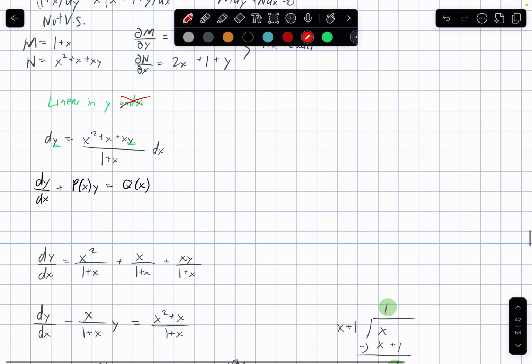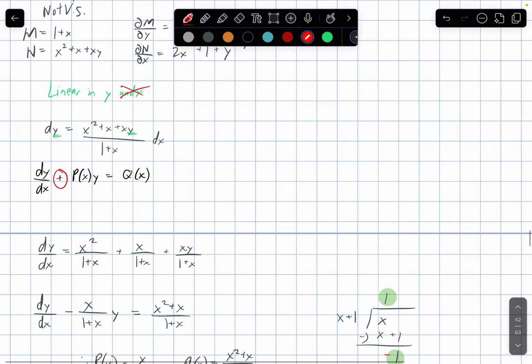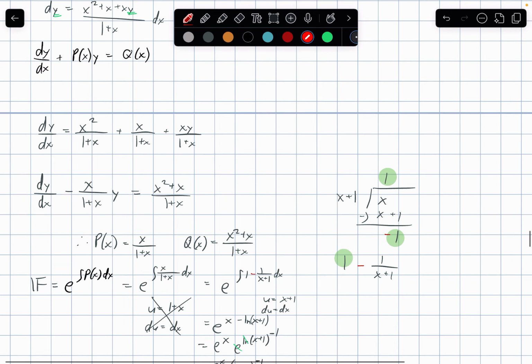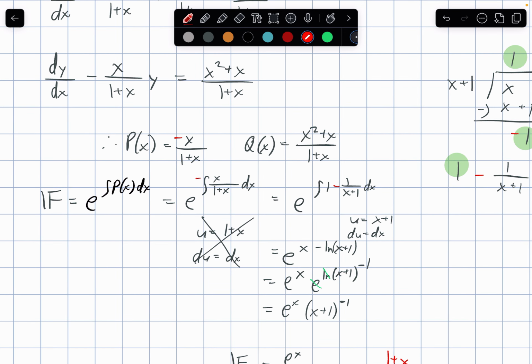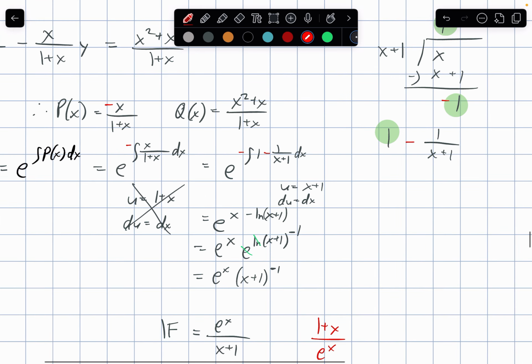In the formula, the standard form is plus, right? This one is a minus. That minus sign belongs to p of x. So essentially, there has to be a minus sign here. That's very critical.